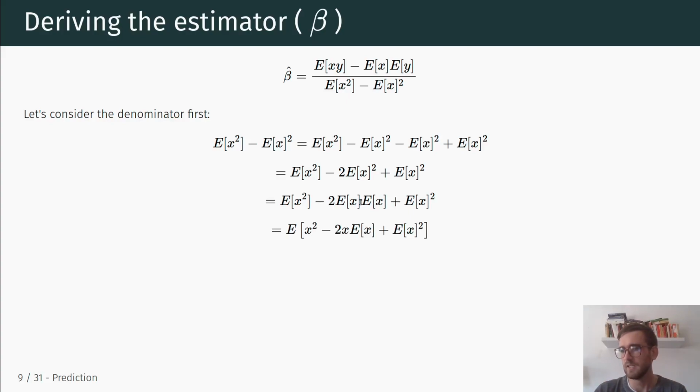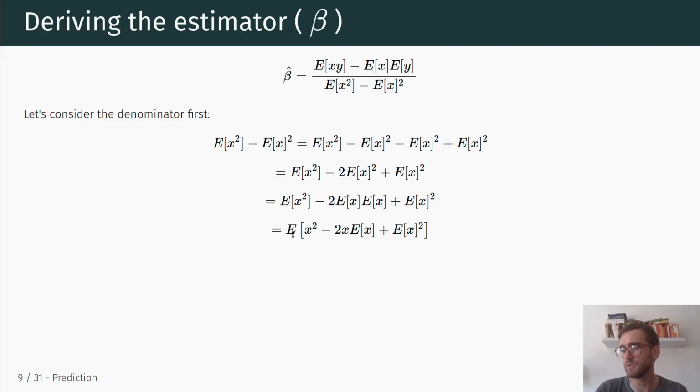Now, after we did this, we can also use some of our rules regarding expectations, and we can include things in the expectation or move things out of the expectation. Remember that we talked about some of the rules where you can pull things out of the expectation or put them inside the expectation.